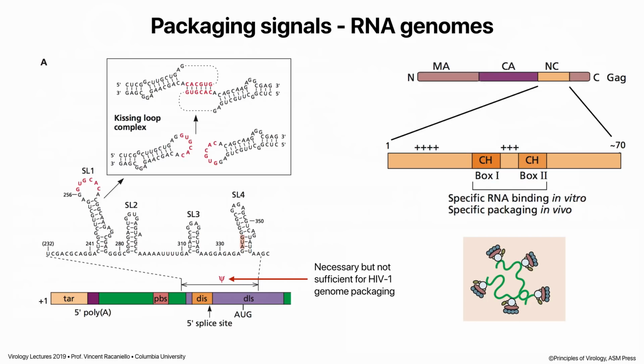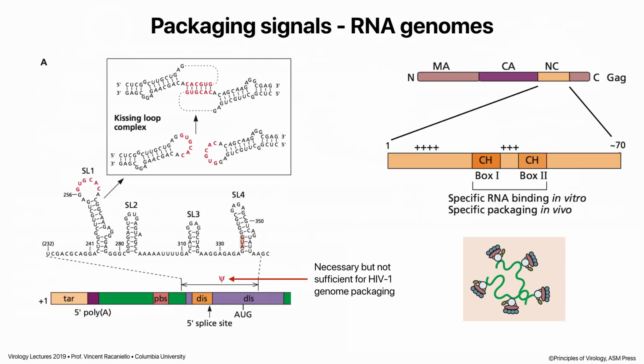And the way this works is twofold. First of all, this contains the stem loop 1, which makes this kissing loop complex we talked about last time. Remember, the retroviruses have 2 RNAs in their particles, and the 2 RNAs interact via these loops on stem loop 1. They actually base pair. That's what keeps them together. It's then recognized by a viral nucleocapsid protein, NC.